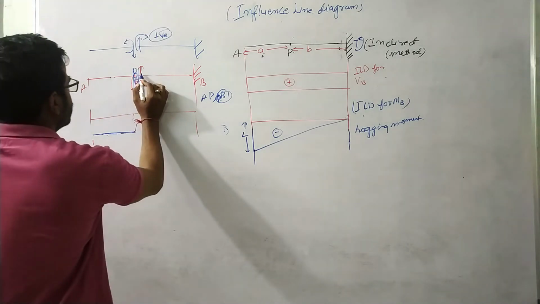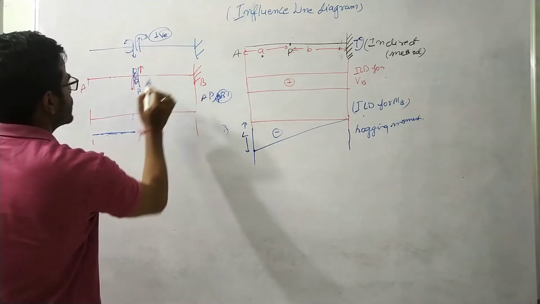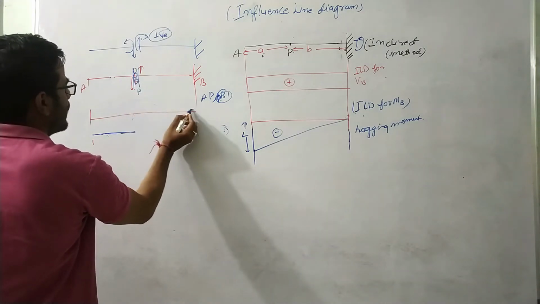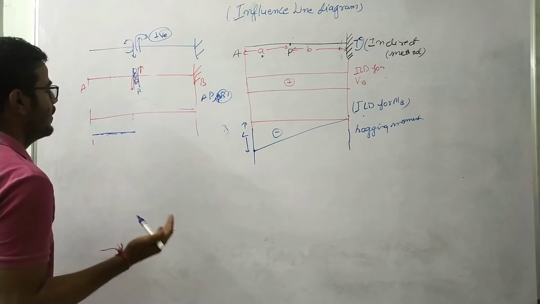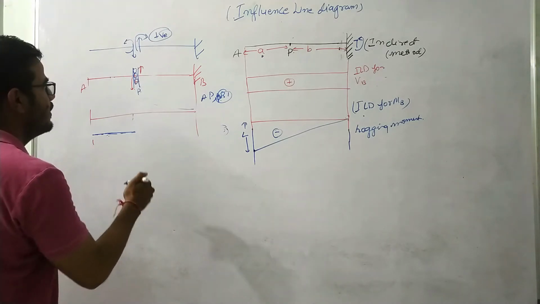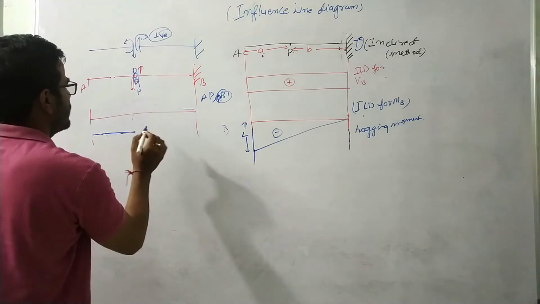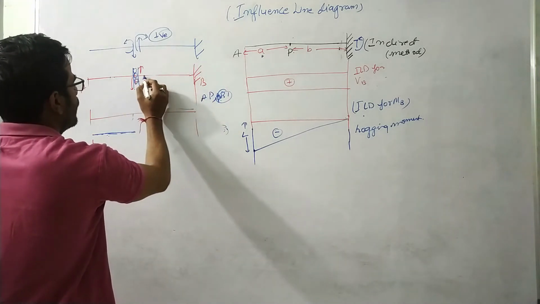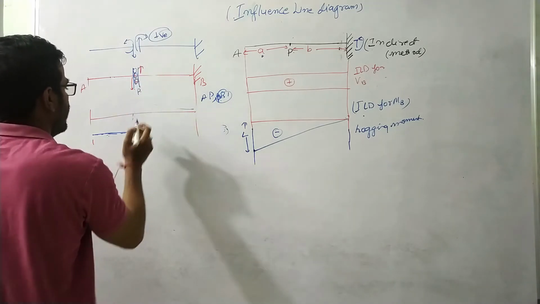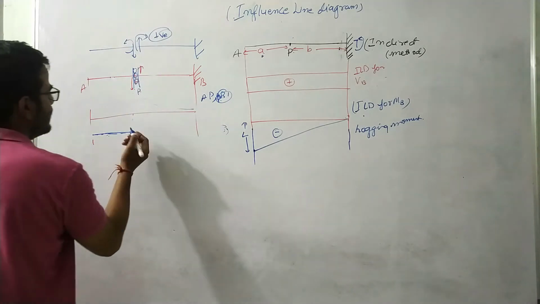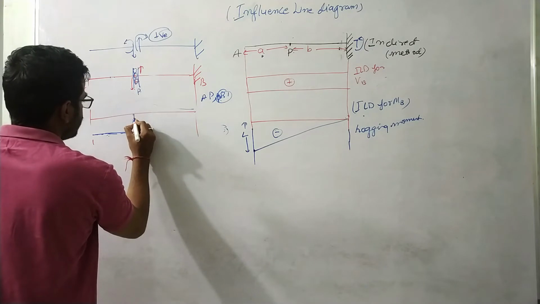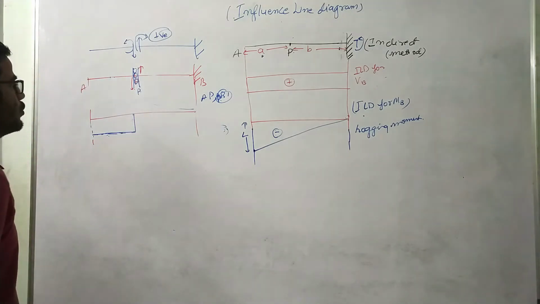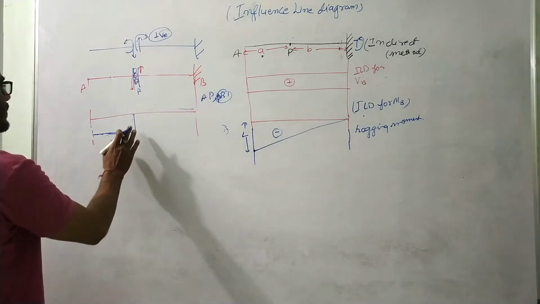And for this portion you can see that when you are applying the unit deformation, it will try to bend, but this won't be possible. Why? This thing we have already discussed previously, because this member loses its stiffness, so this support will not allow this portion to move upward. So for these reasons, you can see that our deflection diagram, or the elastic curve, will look like this.